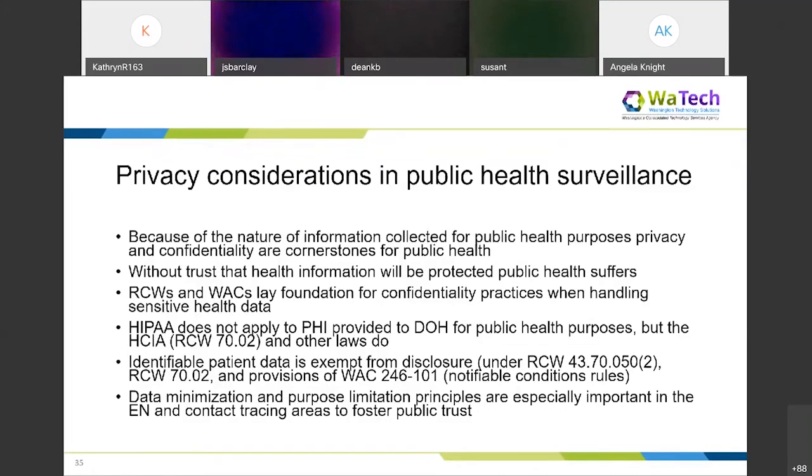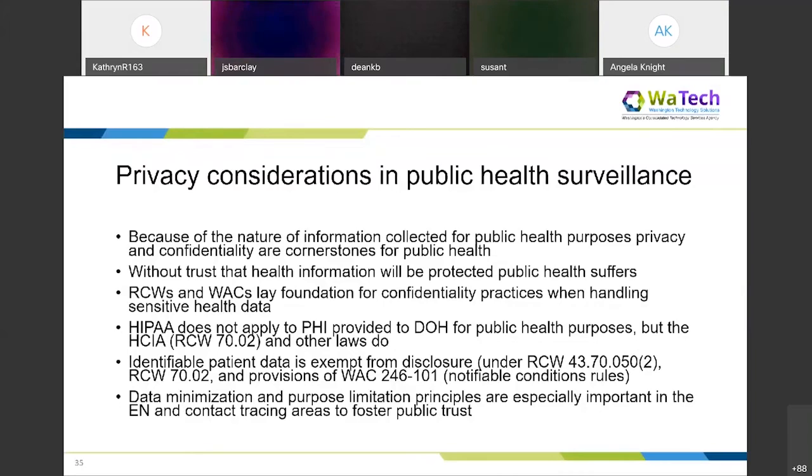And they rely on the Healthcare Information Act and specifically some exemptions in law and their WACs regarding notifiable conditions to protect that data and keep it confidential. And there's a lot of different WACs and responsibilities that DOH has in order to keep protected health information confidential when it's being handled for public health purposes.